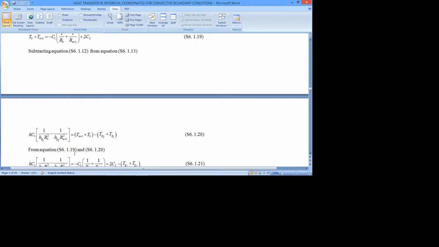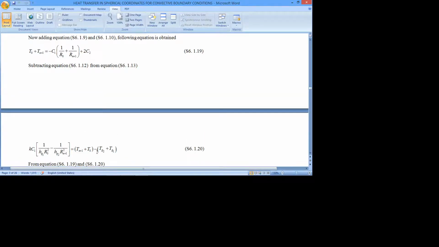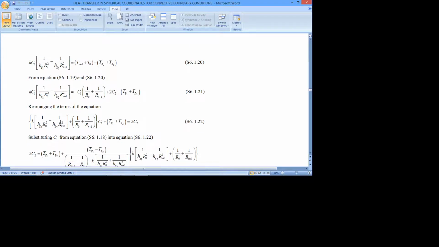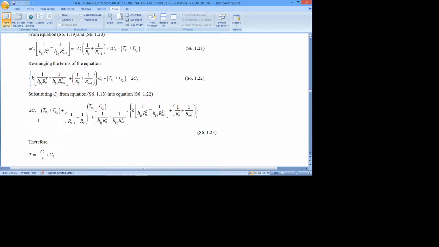Now from 6.19 and 6.10, meaning this equation and this one here, you get this. Now arranging the terms of the equations, you will get this term here. Now you are getting C2 here. C2 again you are getting totally in terms of known parameters.